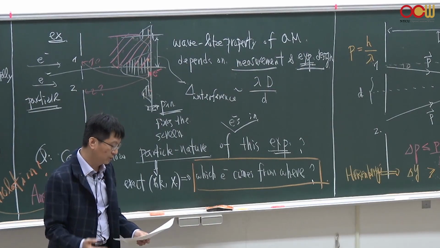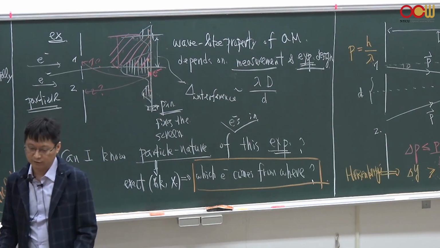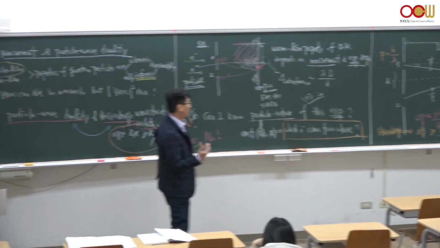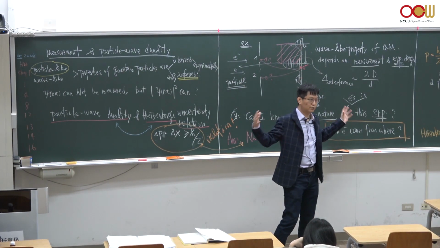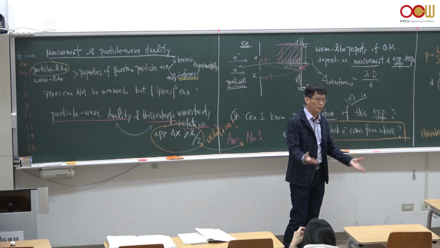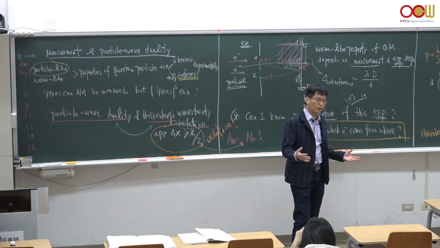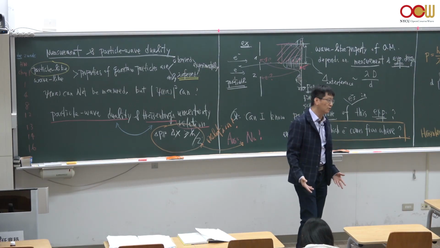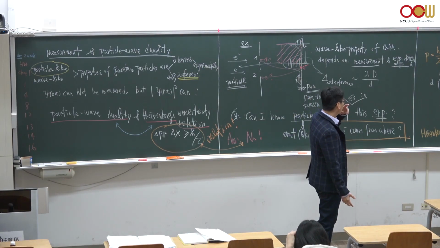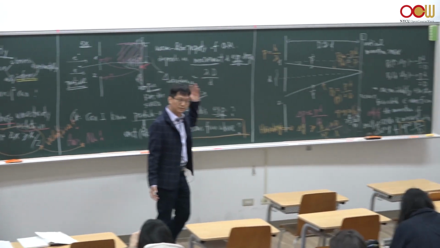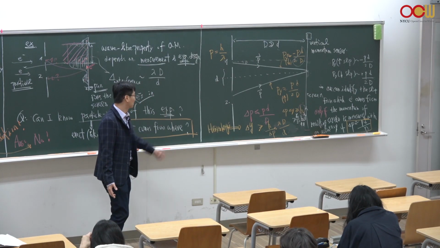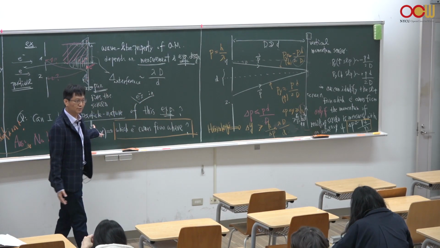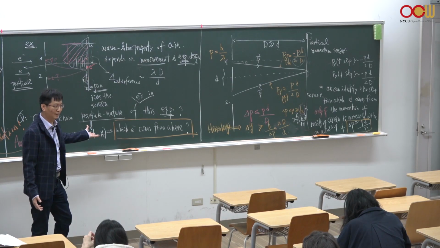Even though you know precisely that each quantum particle carries momentum with its particle nature, and also, as a collection of many quantum particles, you see these wave-like behaviors as a statistical average, you cannot know both at the same time. If you want to know both, for example, if you want to know the particle nature in its wave-like experiments, then you violate the Heisenberg uncertainty relation, which you cannot.